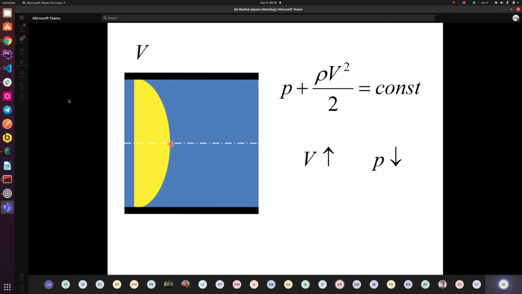Now let us predict the distribution of the pressure following the Bernoulli law. Where is the highest pressure and where is the lowest pressure?